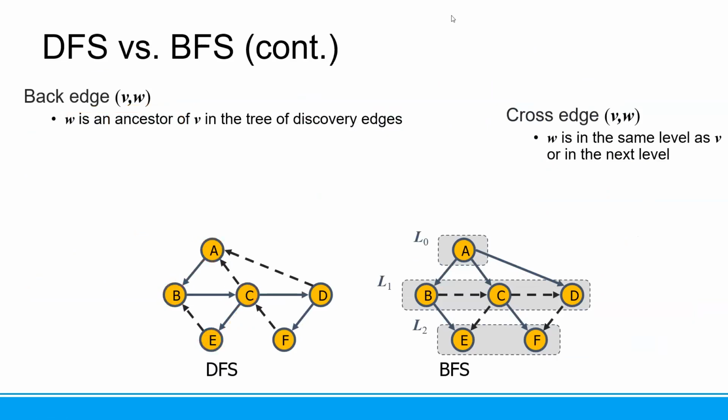If we use the BFS, we have the cross edge. So W is in the same level as V or in the next level. For example, if I start from A at level 0, then B, C, and D will be in the next level, level 1, or level plus 1.